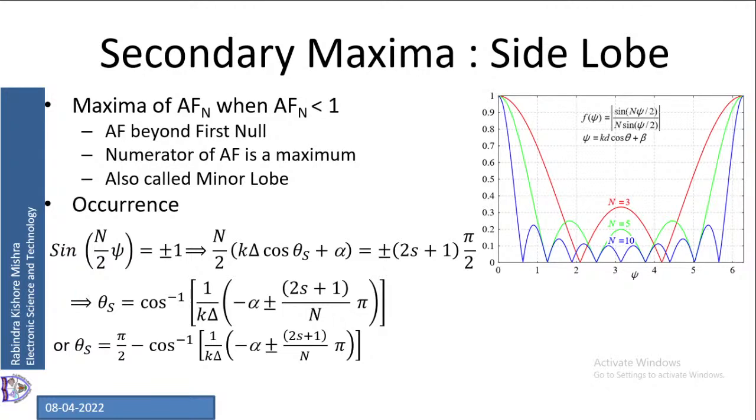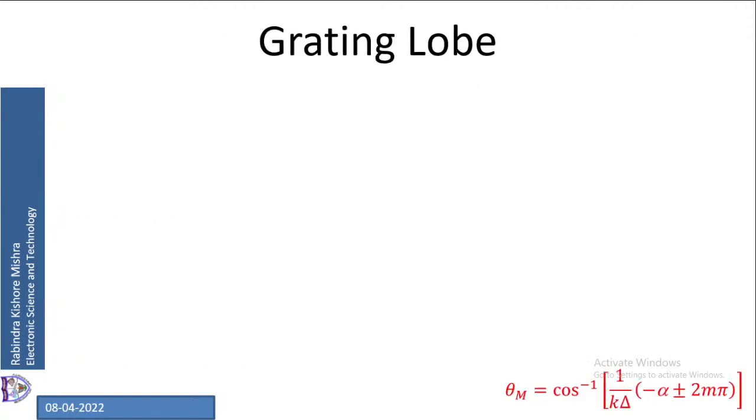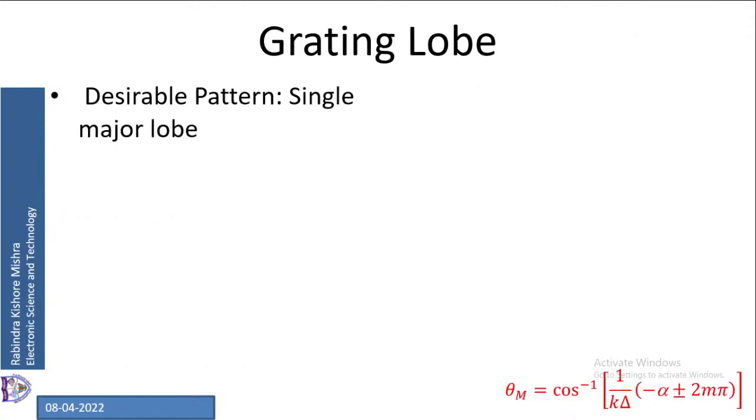Then comes the grating lobe. Actually you don't require the grating lobe, just for the concept, remember that any pattern that we design an array for should preferably have a single major lobe or single principal lobe.